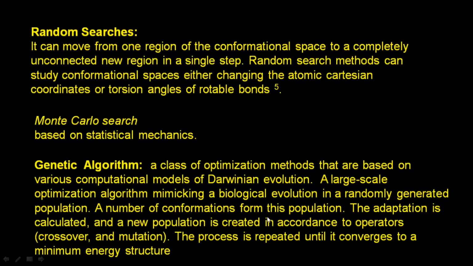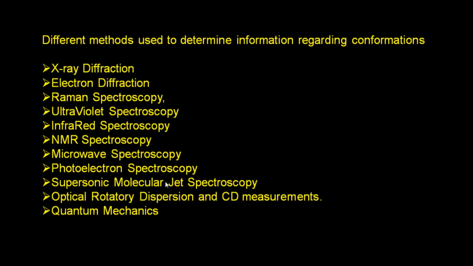So you look at a number of conformations from this population, adaptation is calculated, and a new population is created in accordance with operators, crossover and mutation. So you look at a set of conformations, take those which look good, and eliminate the ones which do not look good. That is almost like evolution, and then you proceed. That is what is called genetic. There are various variations to the genetic algorithm also.